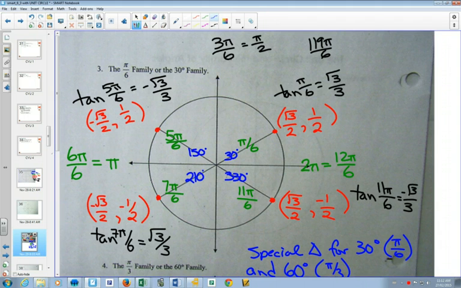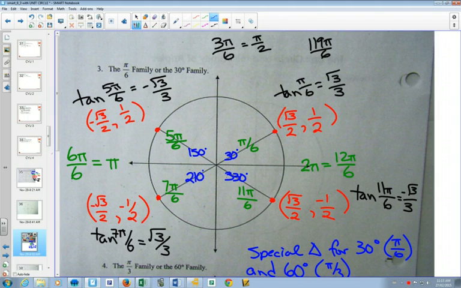Tan of negative 7 pi over 6. Okay, good. And then which quadrant is it going to end in? Close. It's going to end in 2. And this is the way I'd like you to think of it.